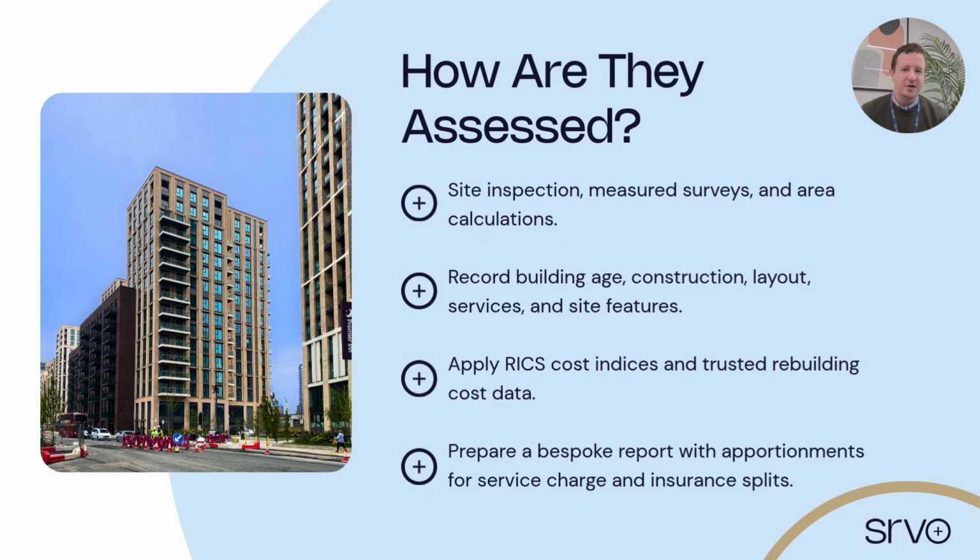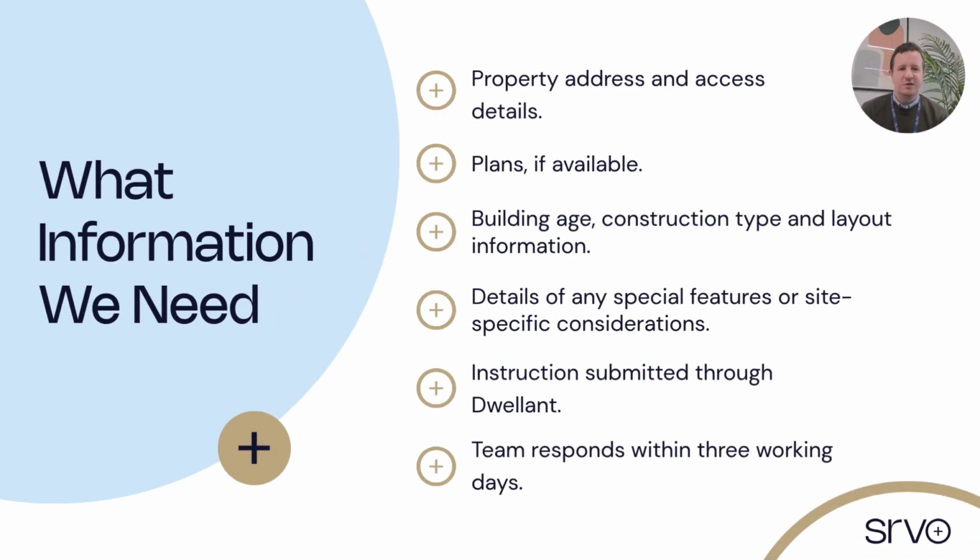We'd then look at cost data on the reinstatement cost assessment from the BCIS, Building Cost Information Service, and we would prepare a bespoke report using the calculations that we have derived from the BCIS and our floor measurements from on site.